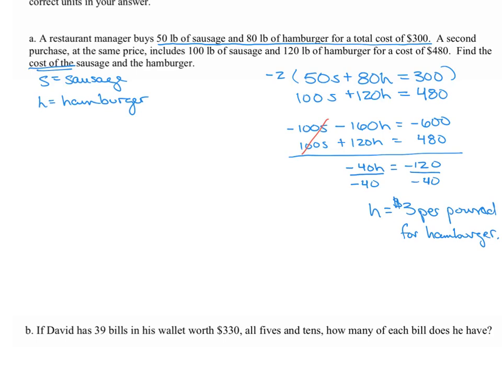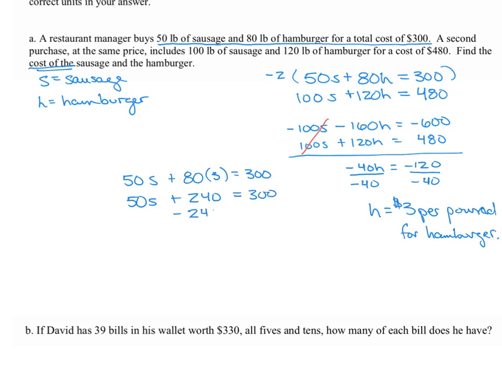Okay, let's go ahead and calculate the sausage. So I'm going to go ahead and plug this into my top equation. We get 50 times S plus 80 times 3 equals 300. If we simplify, we get 50S plus 240 equals 300.